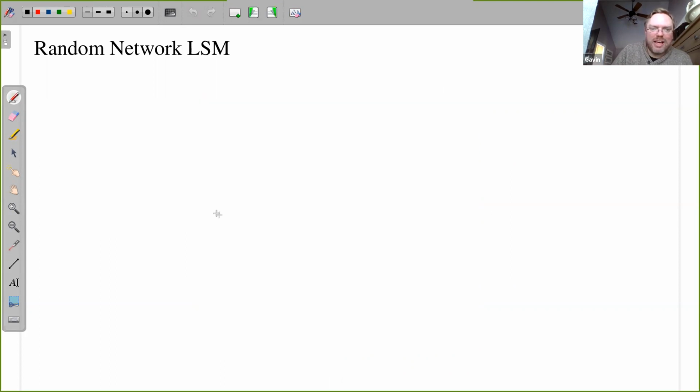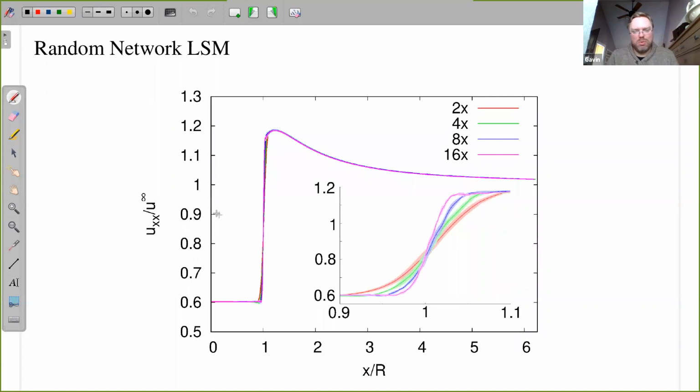And the benefit of that is when you try to do the same inhomogeneity problem, increasing the density up to a maximum of 16 times as many nodes in that region right next to the interface, you can much better capture this interface.